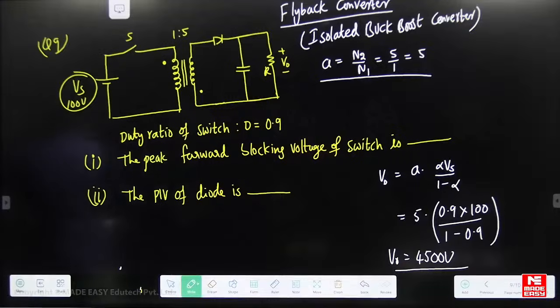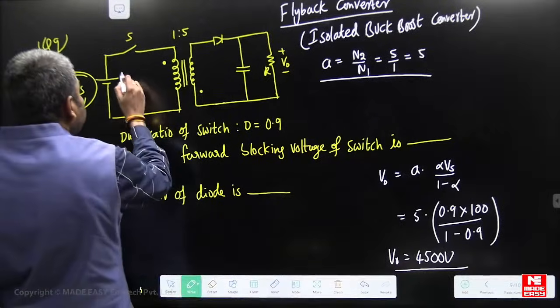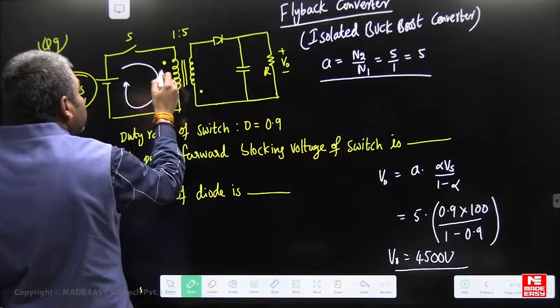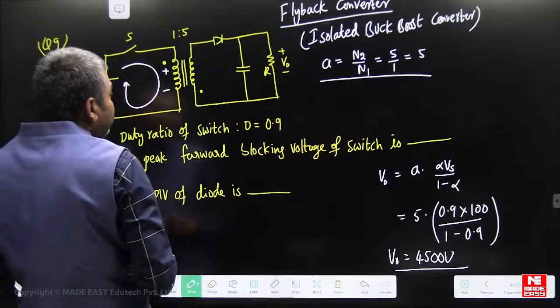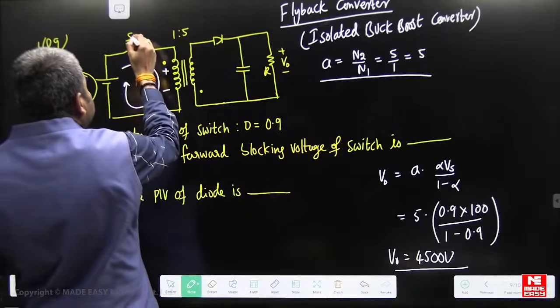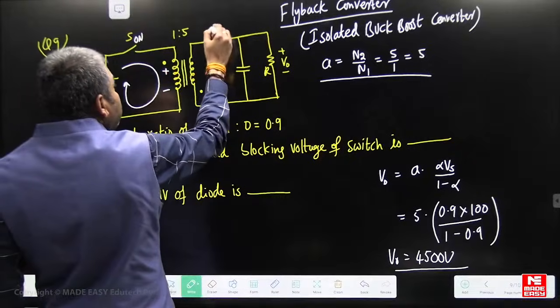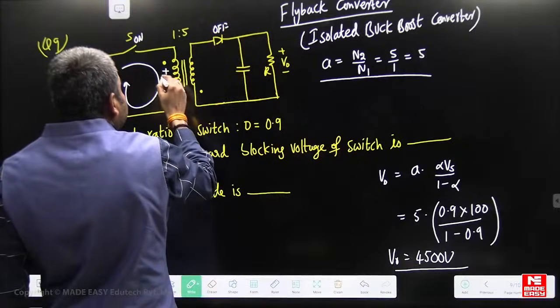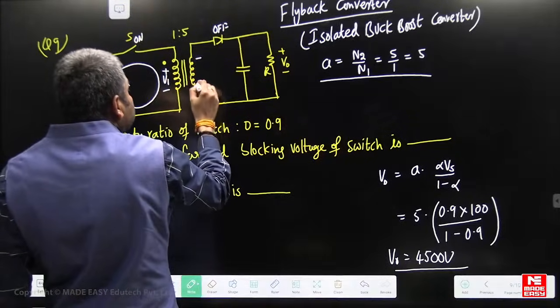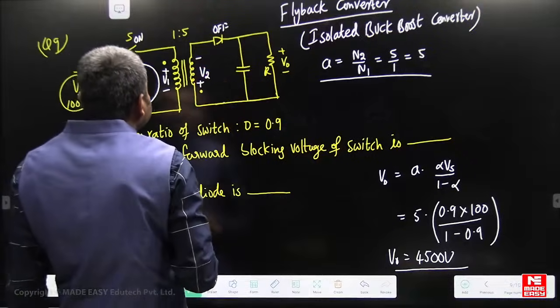Now, first of all, when you turn on the switch, the inductor is charging here. So when the switch is in the on state, this diode remains off. So this is V1 volts and this is V2 volts.